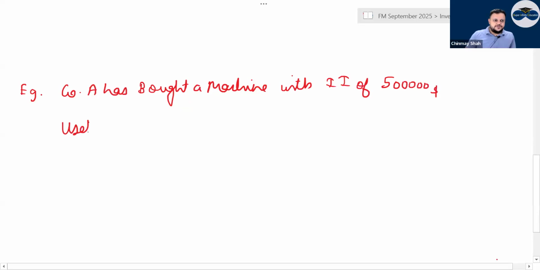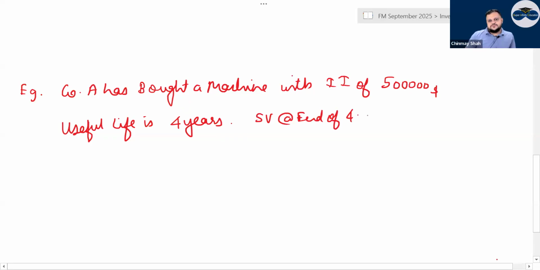Useful life is 4 years. Scrap value at end of 4 years is $50,000.